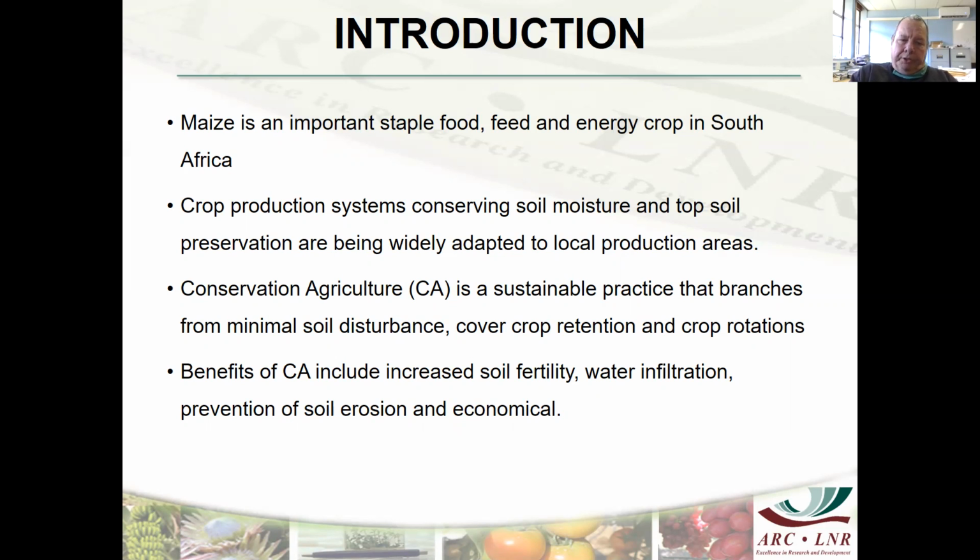Conservation agriculture, or CA as it's known, is a sustainable practice that branches from minimal soil disturbance, cover crop retention, and crop rotations. The benefits of CA include increased fertility, water infiltration, prevention of soil erosion, and it's more economical.